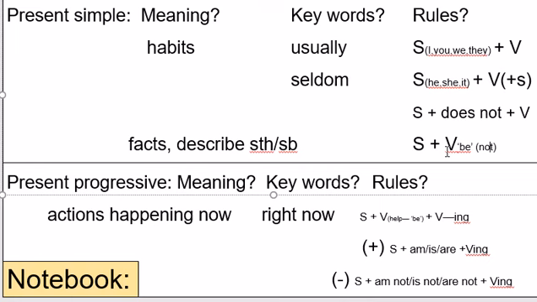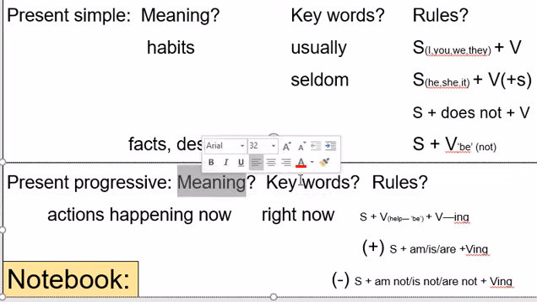Okay, so we see that we can use habits, routines, actions, we're going to use action verbs. If you're describing someone or their name or their location, where are they, then you can use verb be, okay? For present progressive, actions happening now, that's the meaning.